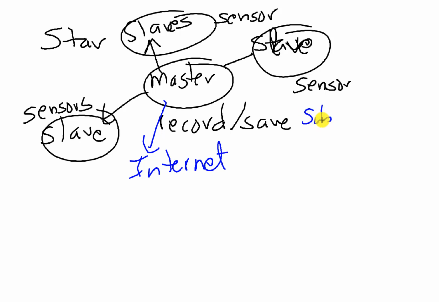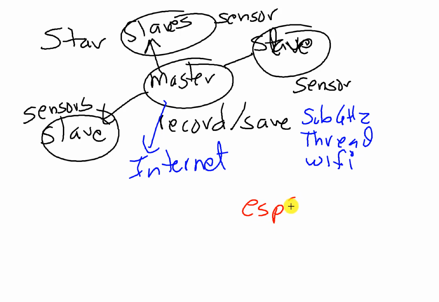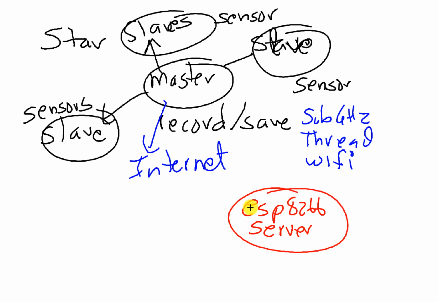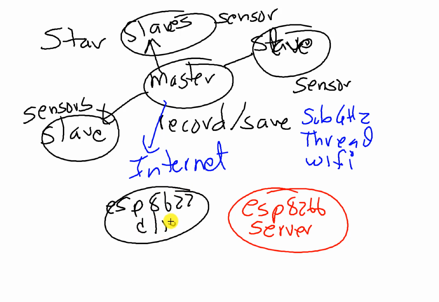You could do it with sub-gigahertz. You could do it with Thread. You could do it with Wi-Fi. With a Wi-Fi-enabled device, we could have a single ESP8266, basically satisfying the server that we talked about last time, and then have multiple ESP8266 slaves, which would then be clients.